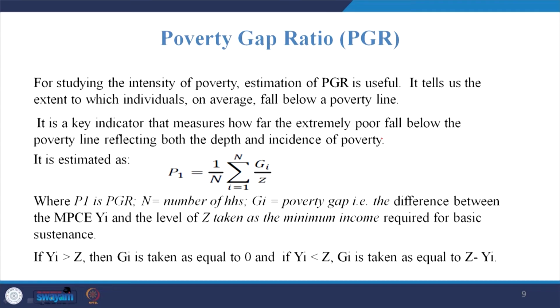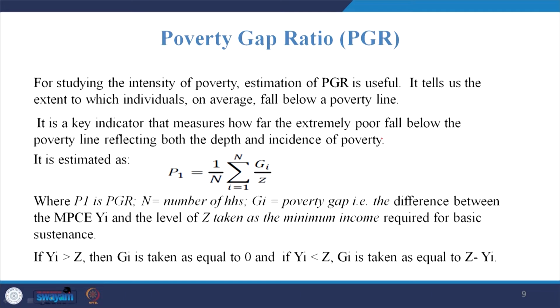P1 is equal to 1 upon n, sigma i equal to 1 to n, Gi divided by Z. Here P1 is the poverty gap ratio, n is the number of households, and Gi is the poverty gap, that is the difference between the monthly consumption expenditure of the ith household and the level of Z, taken as the minimum income required for basic subsistence or the poverty cutoff.